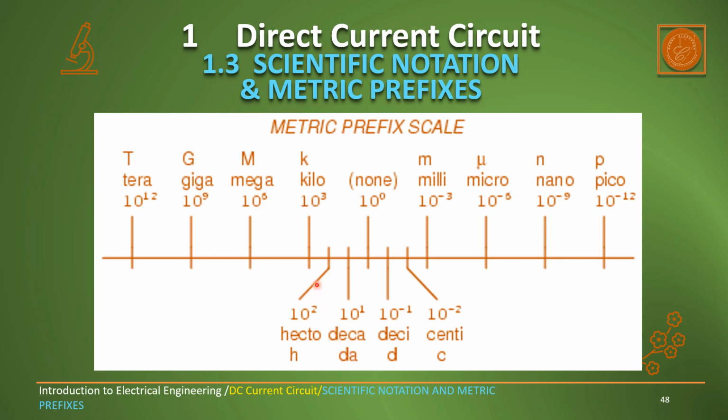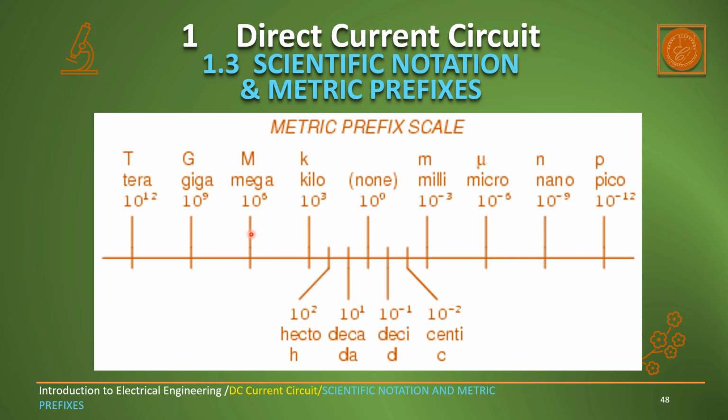And this point is 10 power 2. We call hecto, H. And this point, you see, is 10 power 3. We call kilo. We call kilowatt, kilometer, it means it's 1000.